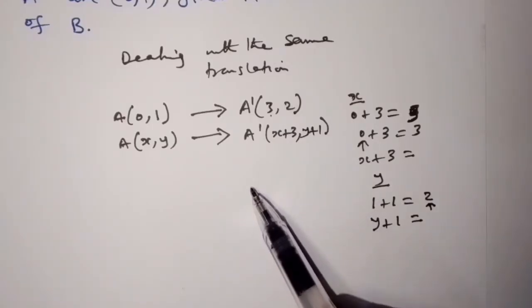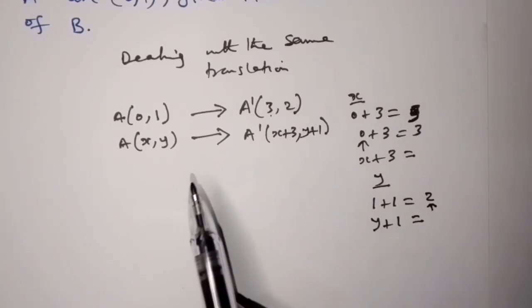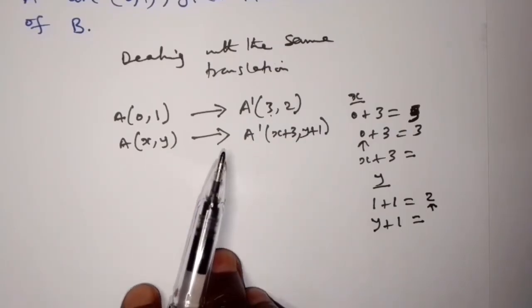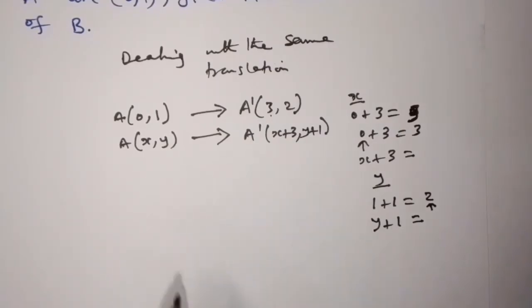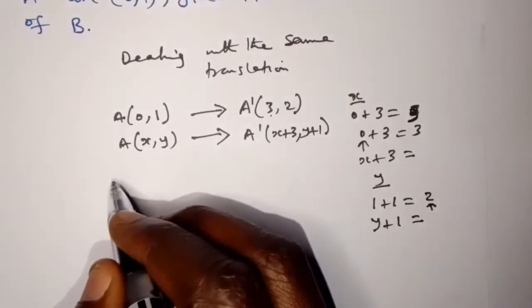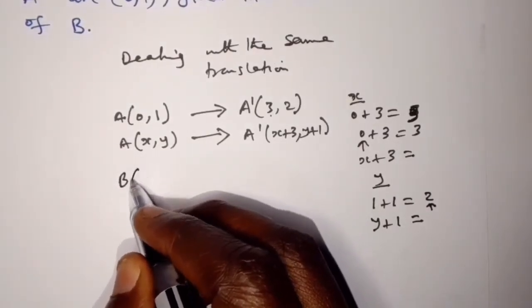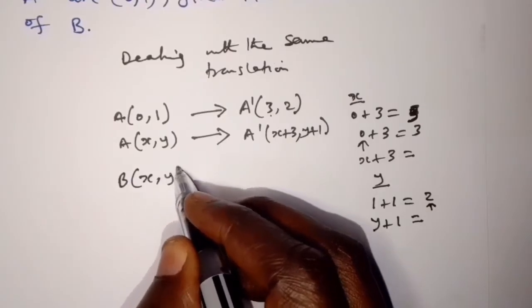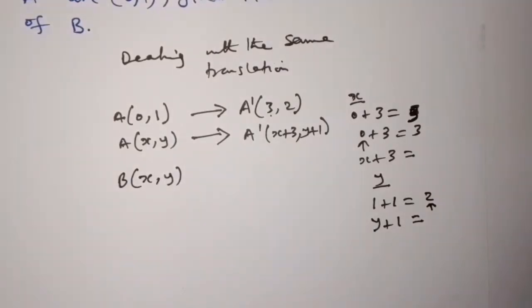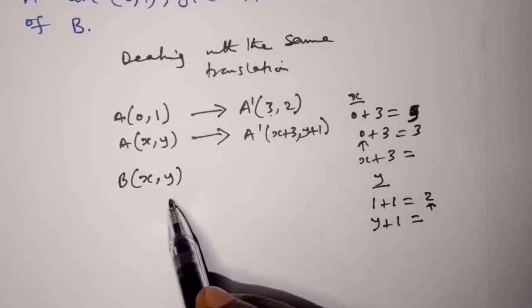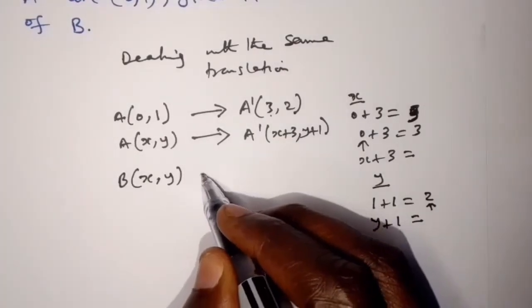So now we can find the coordinates of B. We have been given B. Let the coordinates of B be (x, y).